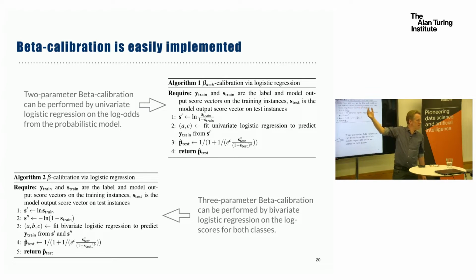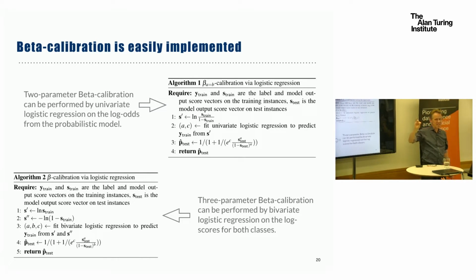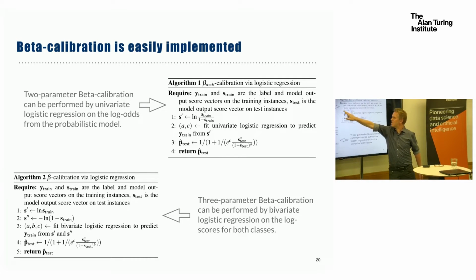How could I implement this? Well, I take the scores coming out of naive Bayes, S, and convert them into log odds, essentially the logarithm of S divided by 1 minus S, which is just a standard operation. I treat this as a new feature. So now I have this score S prime, which is a log odds, so it is something on the real axis.